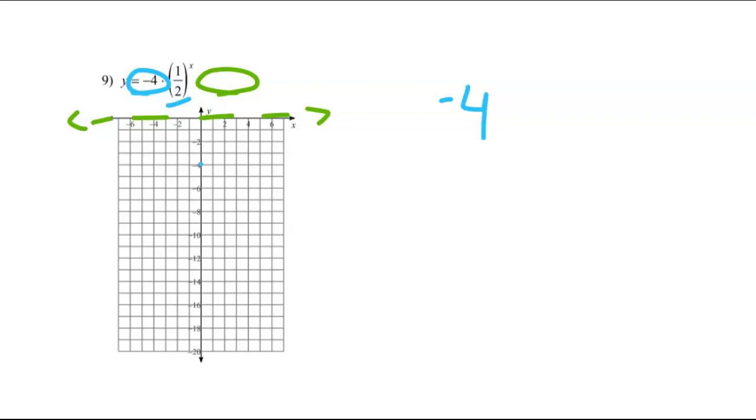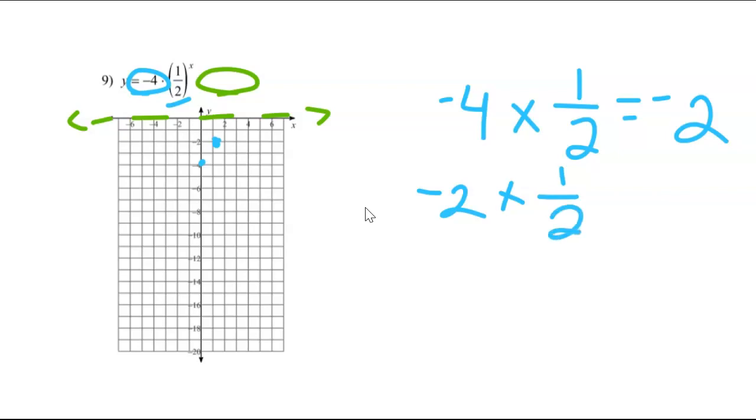So we're going to put a dot there. And then we know that we're going to be multiplying by 1/2. So -4 times 1/2 is -2. So I move forward 1 and I go down 2. And I'm going to do the same thing. -2 times 1/2 is equal to -1.